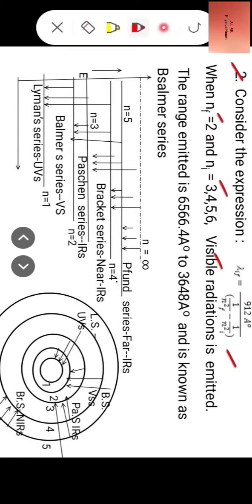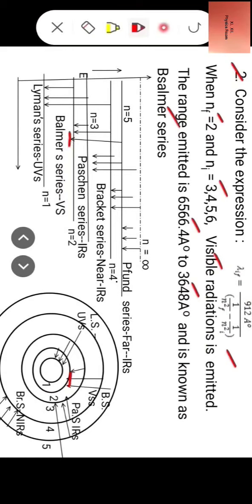The range emitted is 6566.4 angstrom to 3648 angstrom and is known as Balmer series. Here you can see this is Balmer series, where electron jumps from third to second, fourth to second, fifth to second, sixth to second and so on.